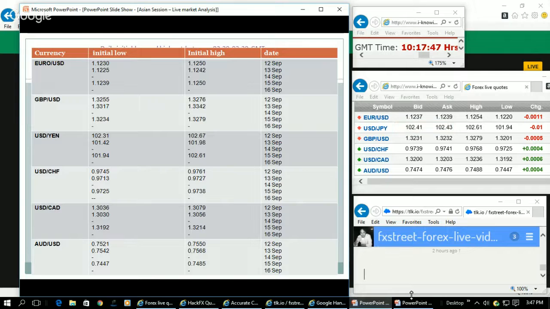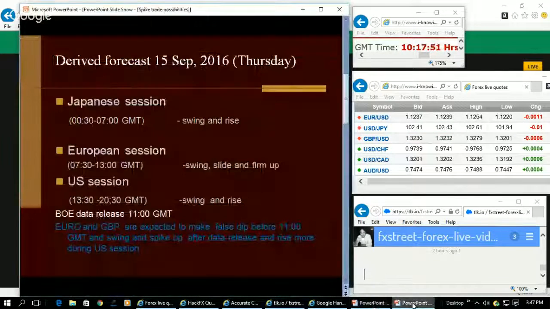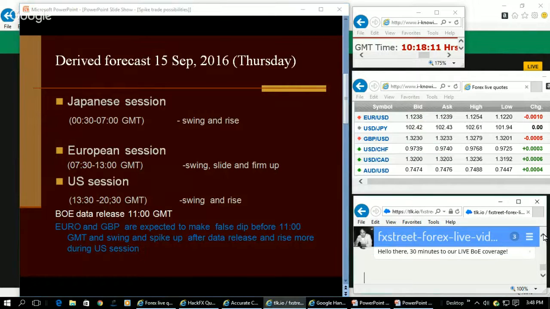So this indicates that the players are here to make an upward spike in the case of euro and GBP, and later on they will hold high euro and GBP and gain the levels as well in the case of USD yen as a contrarian move after the BoE interest rate decision. So this is what the forecast is.